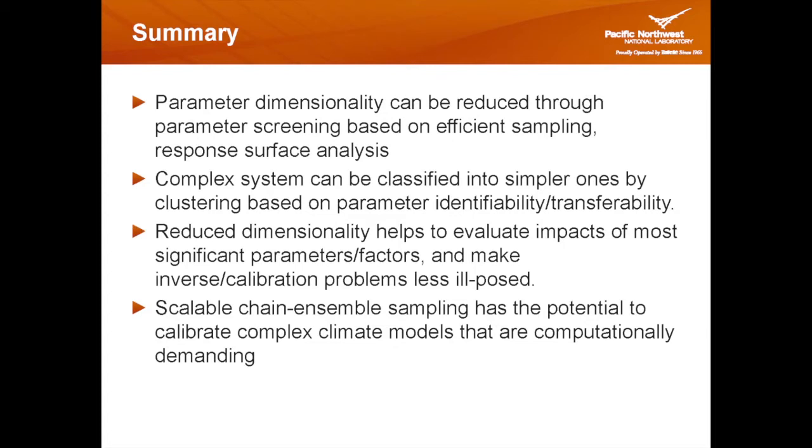And complex systems can be classified into simpler ones by analyzing your results, so that you understand that at different regions, maybe they behave differently. And at each region, you may have your own dominant parameters to play with. And reduced dimensionality will make the problem less ill-posed and make your solution more narrowly bounded, with reduced uncertainty.